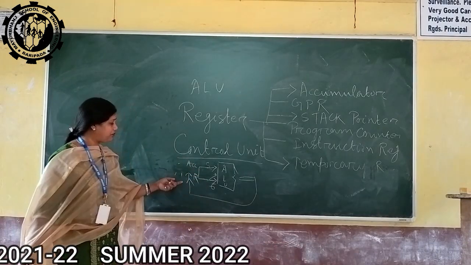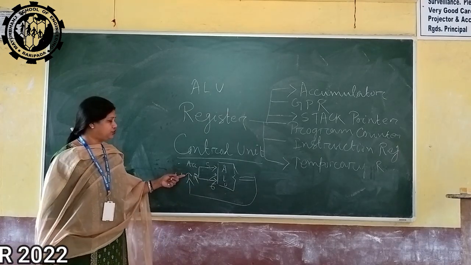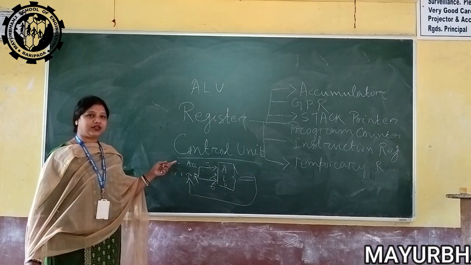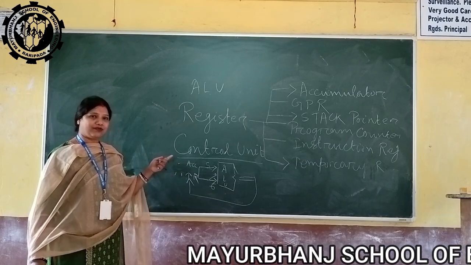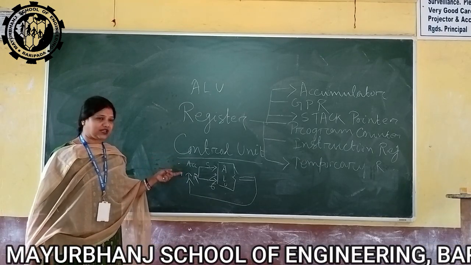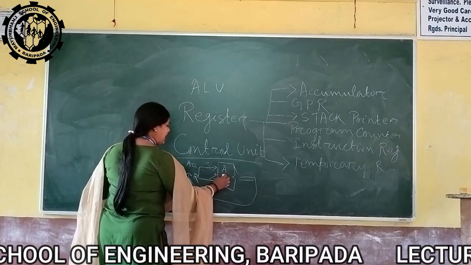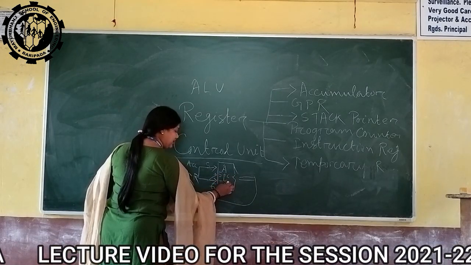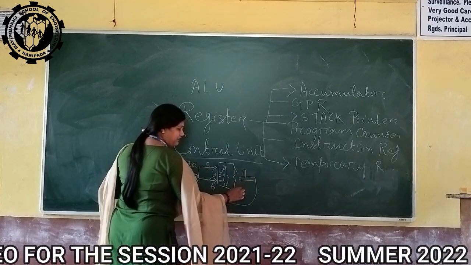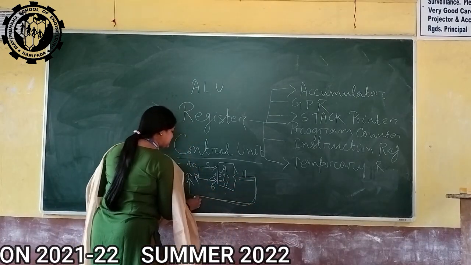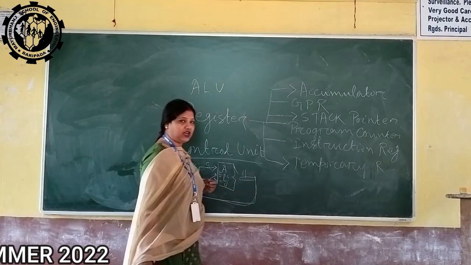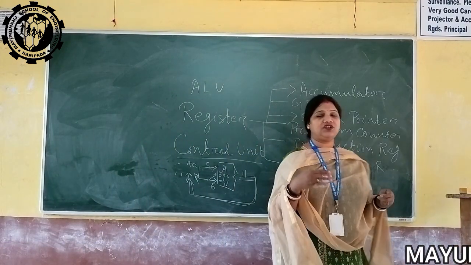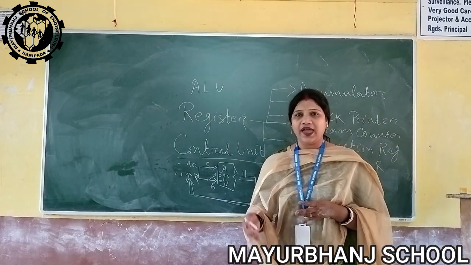Here we use the temporary register to act as the input to the ALU, storing the input data temporarily. Then the addition operation is performed: 5 plus 6 equals 11. The output will be 11, and by default the final result will be stored in the accumulator.